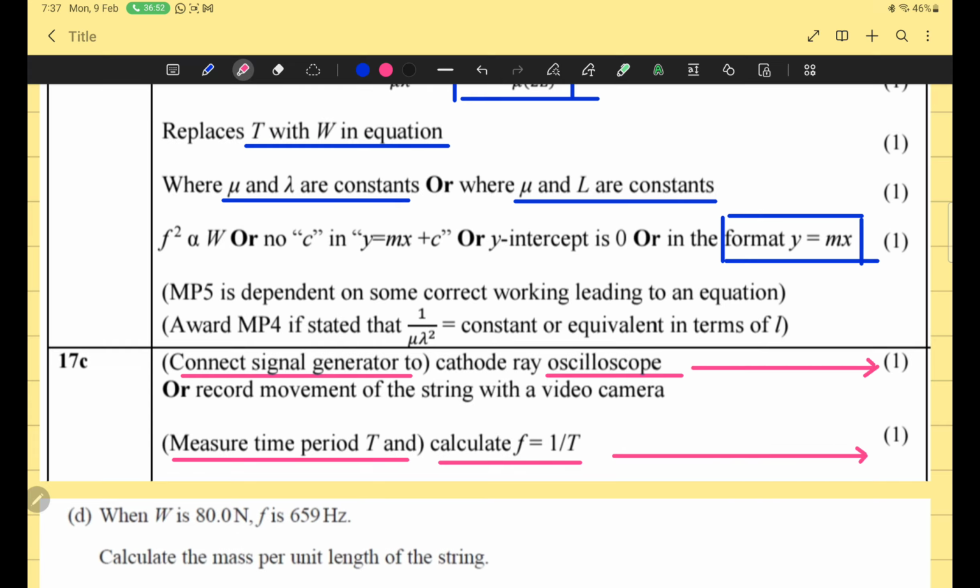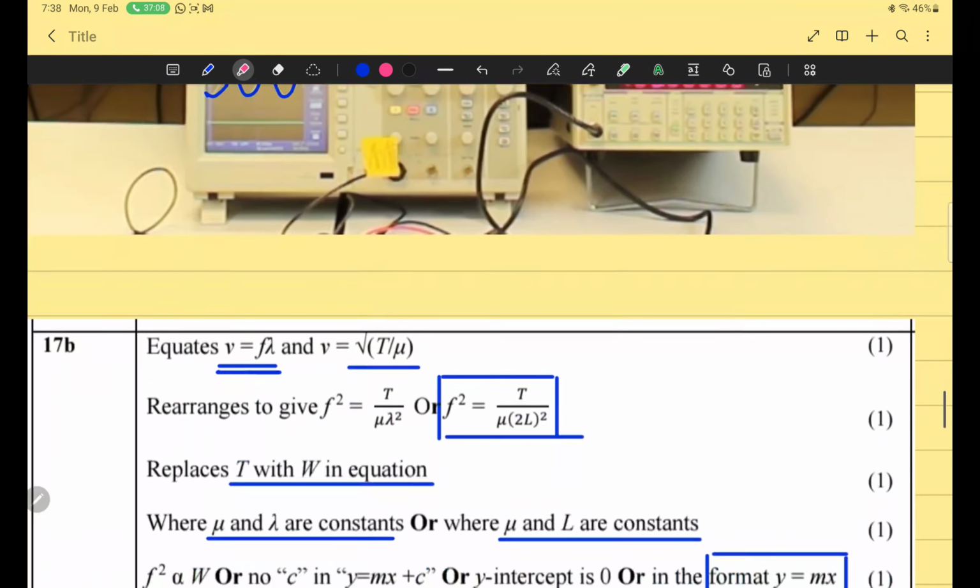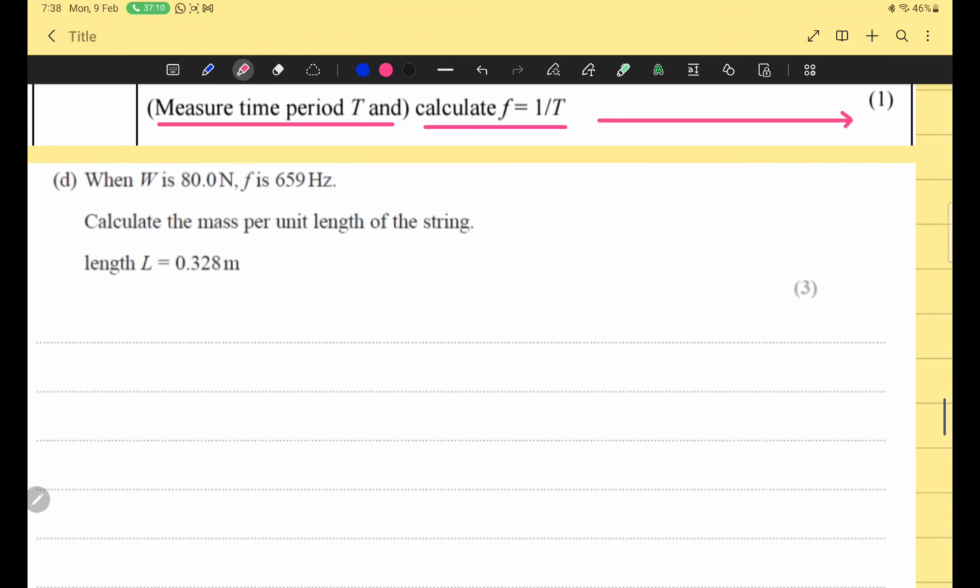Okay, so this is the method which is explained by the marking scheme, and I have explained that connect signal generator to the oscilloscope, and then we will measure time period and then frequency of the pattern which is appearing on the oscilloscope.